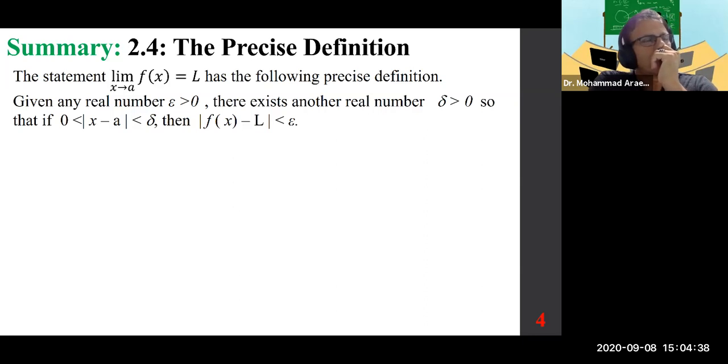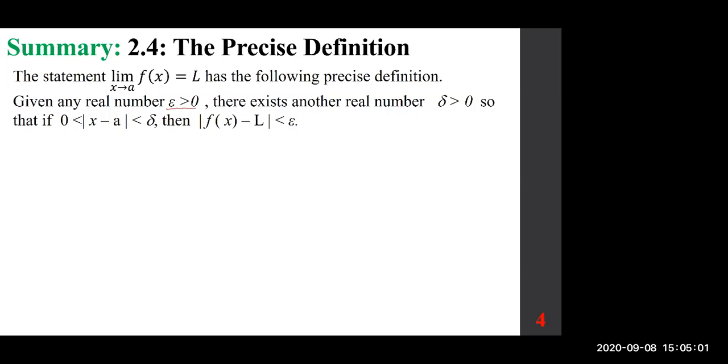First, the idea behind the precise definition. The statement of the limit of f of x as x approaches a equals L has the following precise definition. Given any real number epsilon larger than 0. This is read epsilon.